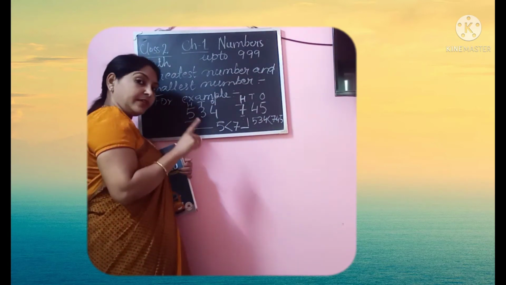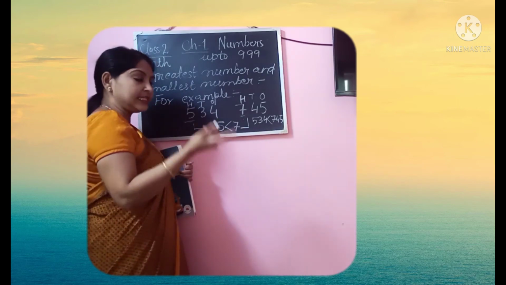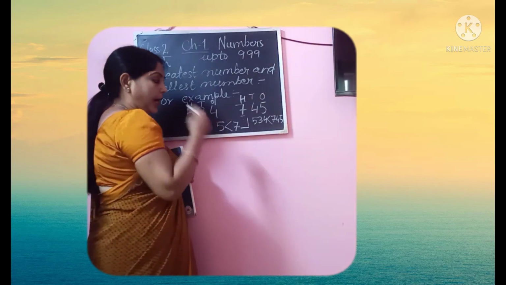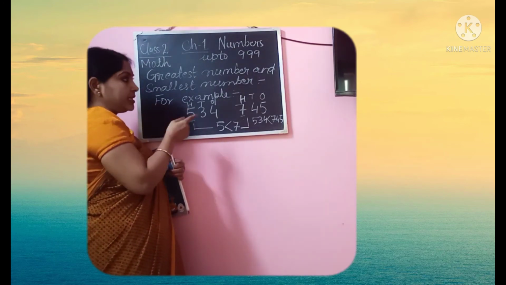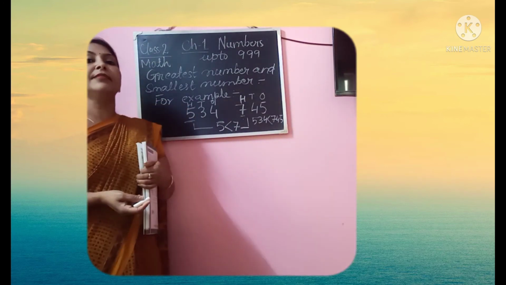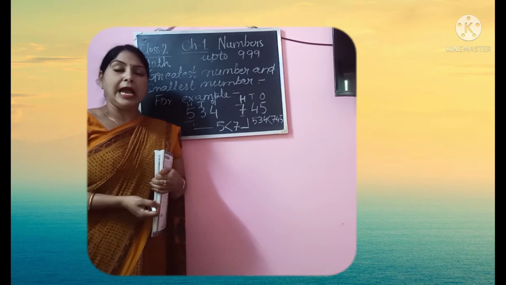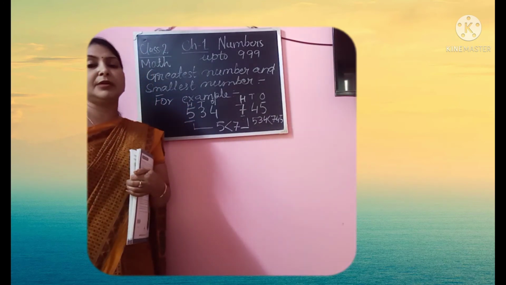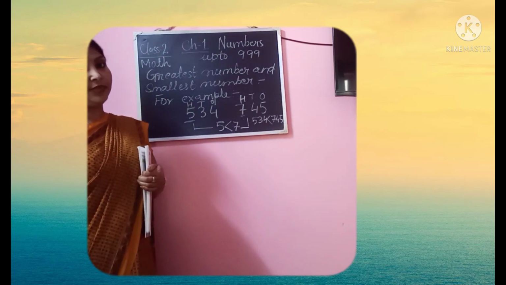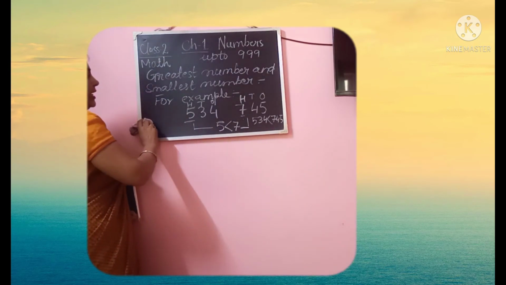That means 534 is small and 745 is greater. Why? Because 7 is bigger than 5. In this way, we learn to compare the numbers. And this is how we can also find out the greatest number and the smallest number in a given set of numbers.